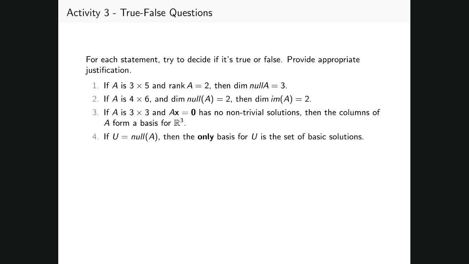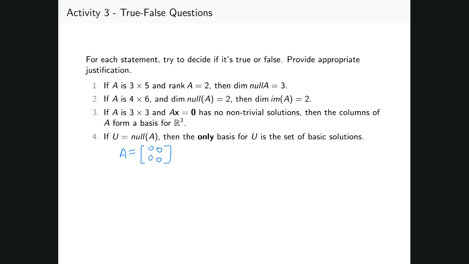If U is null A, then the only basis is the set of basic solutions. When I'm faced with something like this, I like to come up with an example just to convince myself of what's going on. So I'm going to take a moment and experiment here. Let's see what's up with this really zero matrix.